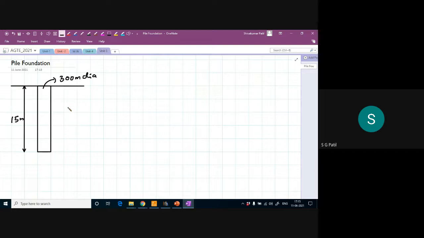So this is dense sand. Whatever this 15 meters is, is a single soil layer, dense sand. And there is a water table here. The water table is at a depth of 2 meters from the ground level.